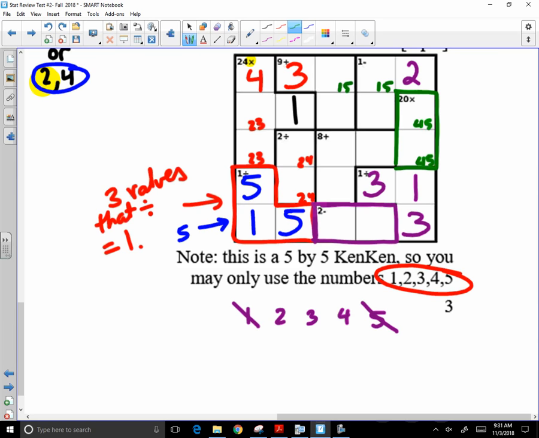So I would say, all right, well, what if this number was a 5? 5 plus 3 is 8. I need to get to a 9. What would this have to be? A 1, but I already have a 1. So then this can't be a 5. I have a contradiction. So it must be the 1 here with the 5 there.